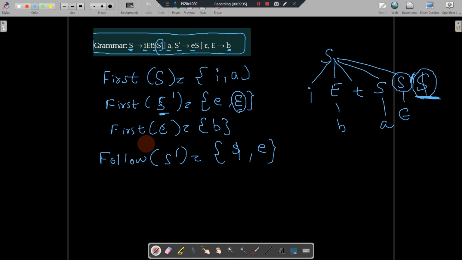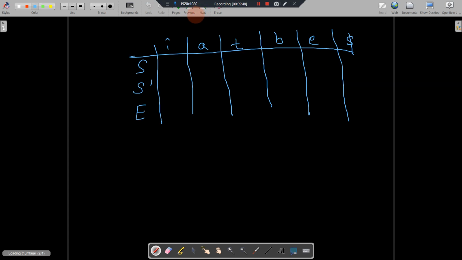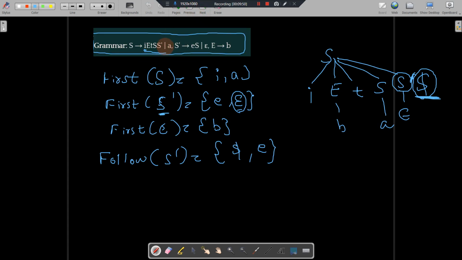So this rule S derives I E T S S dash, from this we can derive the first terminal I. So I will write this production rule over here. So we can number the rules. We will number it 1, 2, 3, 4 and 5. So we will use production rule S derives I E T S S dash, this one as 1.